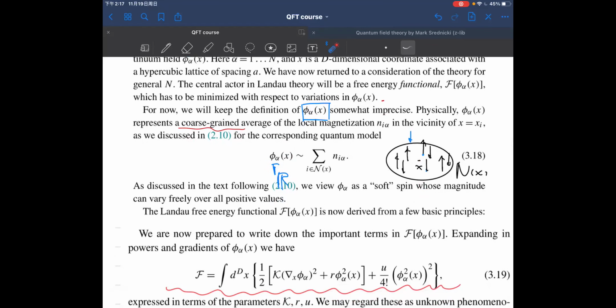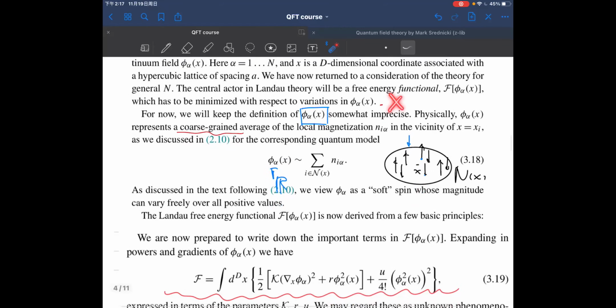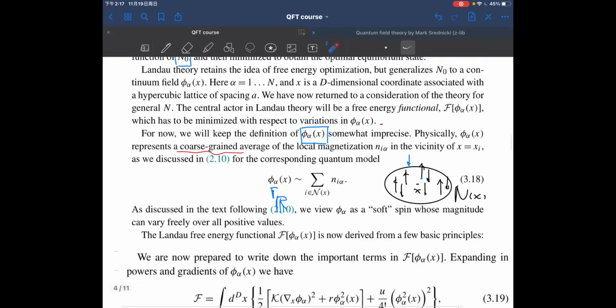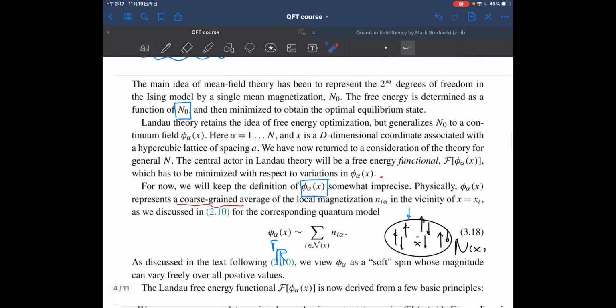But you need to keep in mind that it is actually discrete, so x minus x prime has a bound, that is the lattice constant. Which means that in momentum space, what you integrate is from 0 to some cutoff. Okay, this is the key point. Anyway, this is what we do.